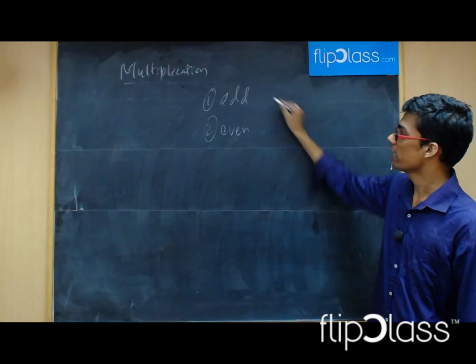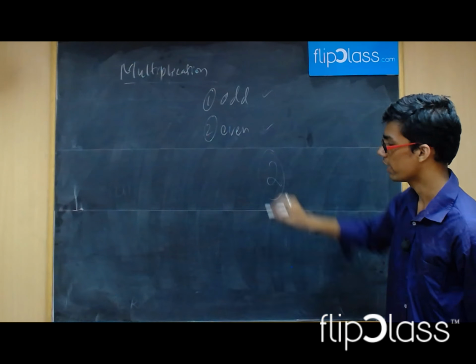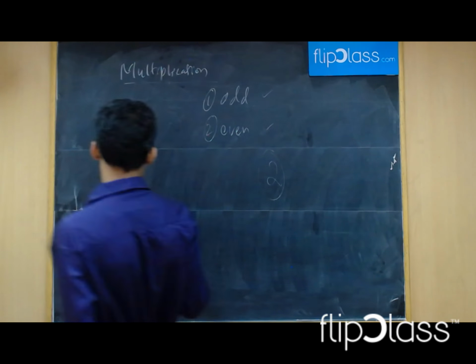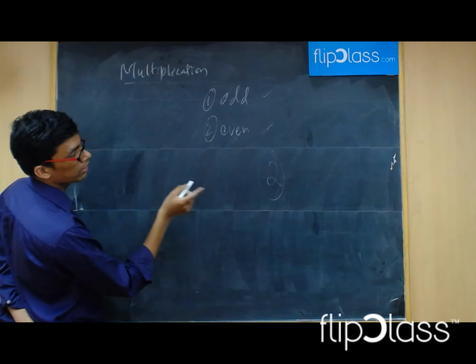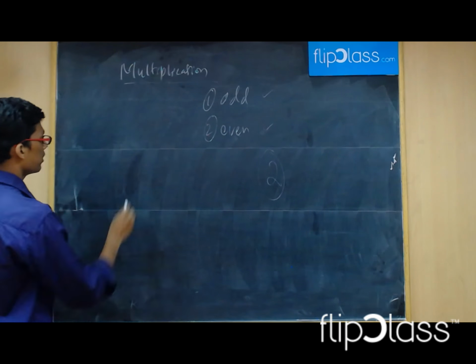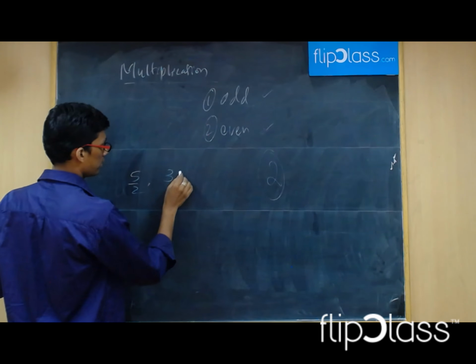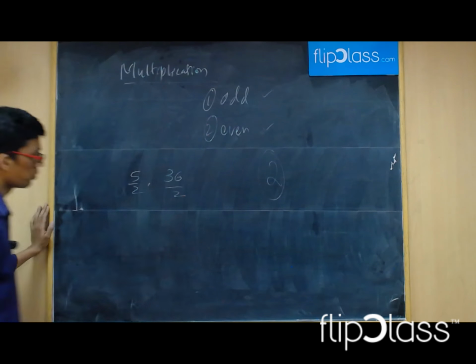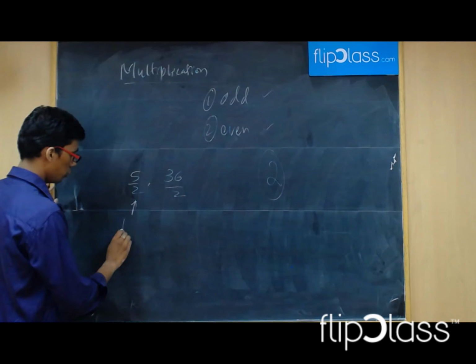See, how do you distinguish whether a number is odd or even? You just take the number 2. We have taken 2 examples: 5 divided by 2 and 36 divided by 2.